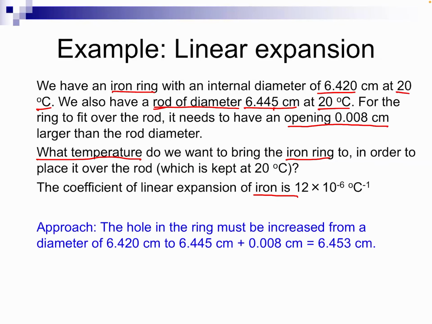So the approach here is that the hole of the ring must be increased from its initial diameter, 6.420 centimeters, to the diameter of the rod, 6.445 centimeters, plus the extra gap that will allow the rod to slip into the ring, which is given as 0.008 centimeters. So the diameter of the hole needs to expand from 6.420 centimeters to 6.453 centimeters.